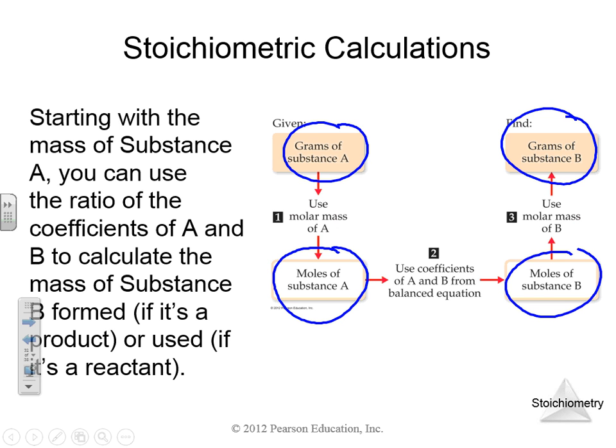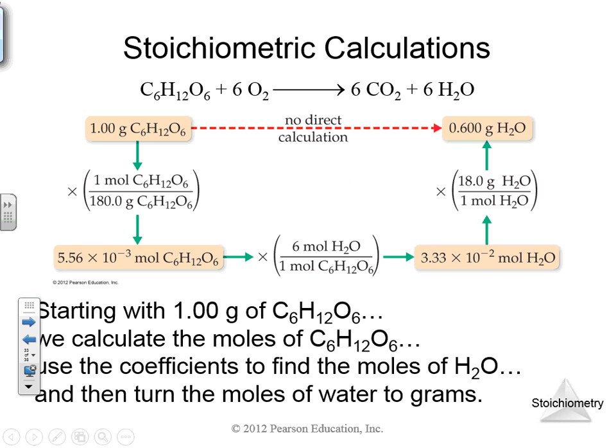When you go from grams to moles, you're going to use the molar mass of A. When you go from moles of A to moles of B, you're going to use the molar ratio, which is just the coefficients out in front of each substance. And when you go from moles of B to grams of B, you're going to use the molar mass of B. So a little stoichiometry review.